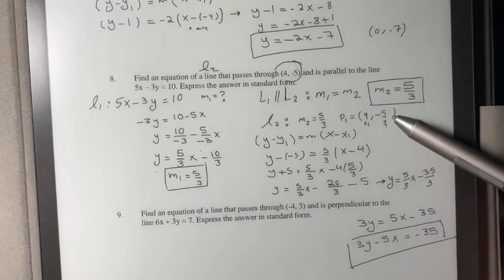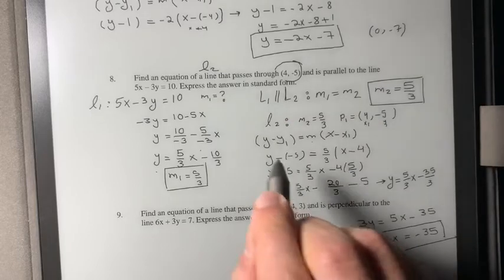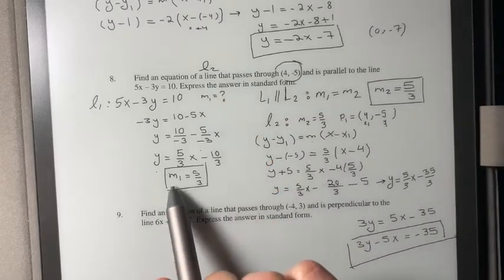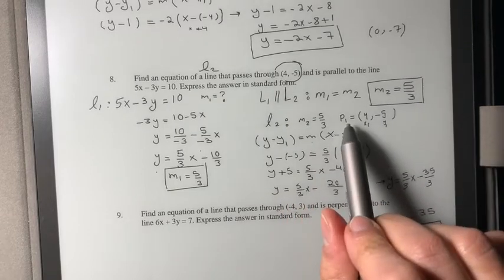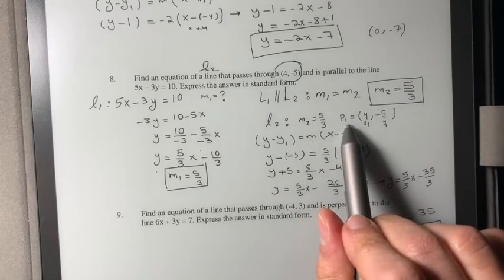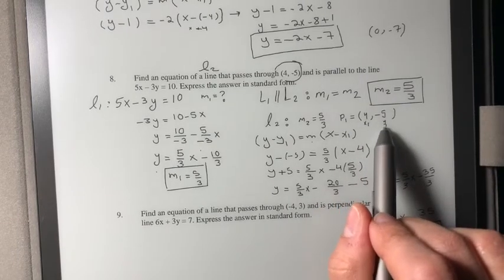And then we have a line which we don't have the equation for, but we know the line is parallel to the previous line. So if the slope was 5 over 3, the slope of the second line is 5 over 3. But we have another piece of information about that line. We know there is a point on this line, and the point has x1, y1.